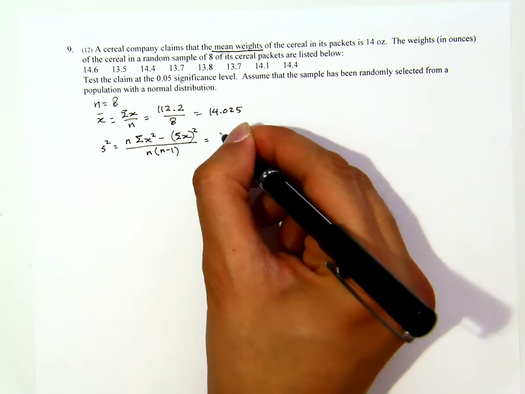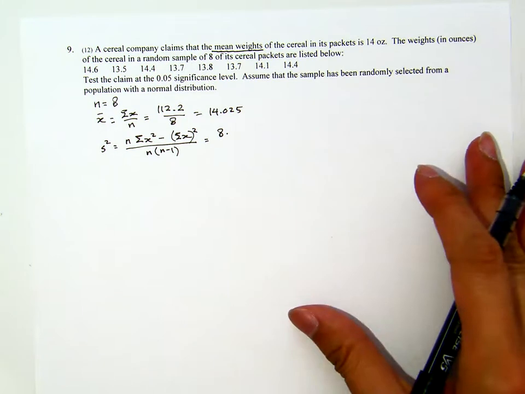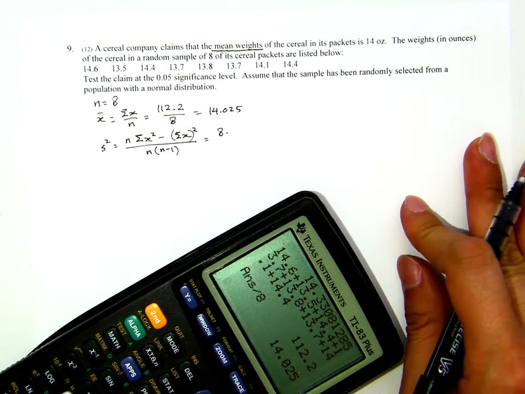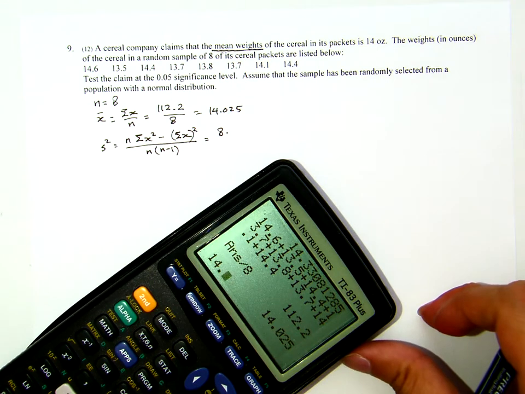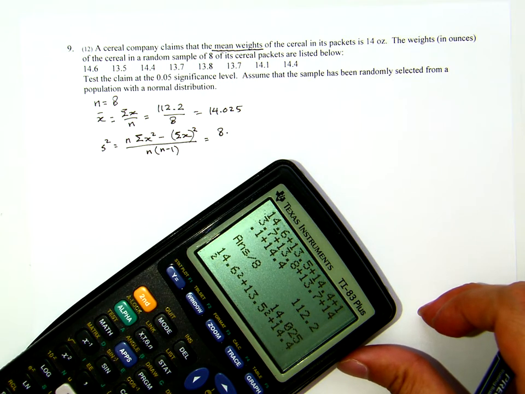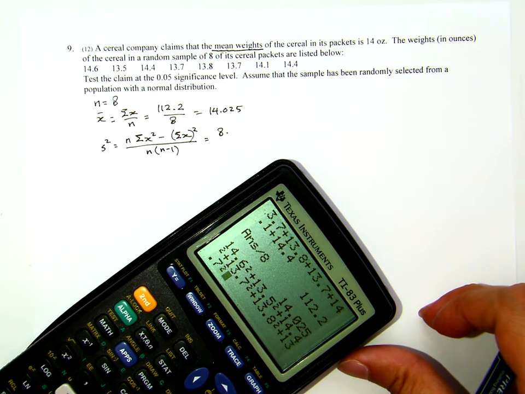That is 8 times the sum of the squares, 14.6 squared plus 13.5 squared plus 14.4 squared plus 13.7 squared plus 13.8 squared plus 13.7 squared plus 14.1 squared plus 14.4 squared.